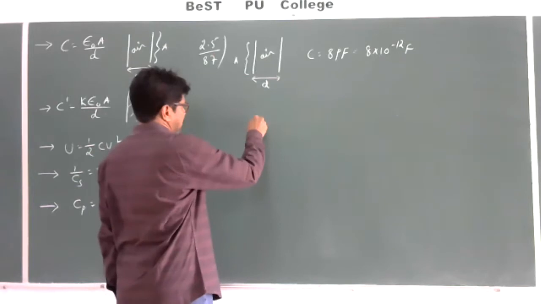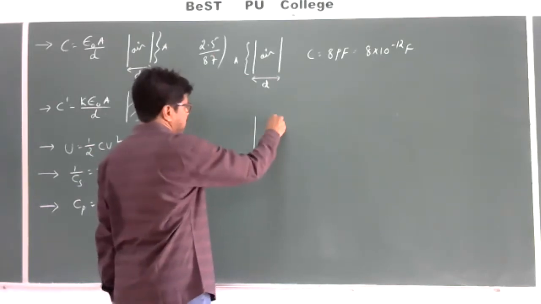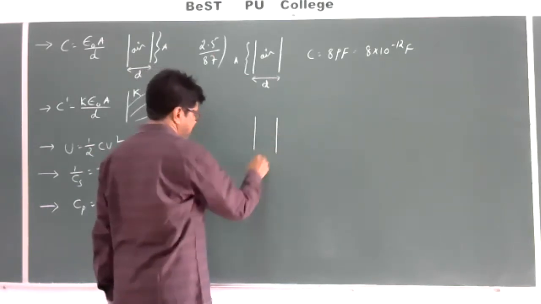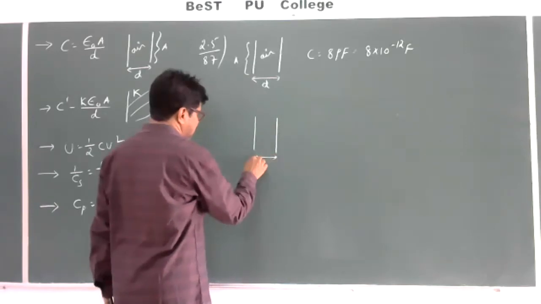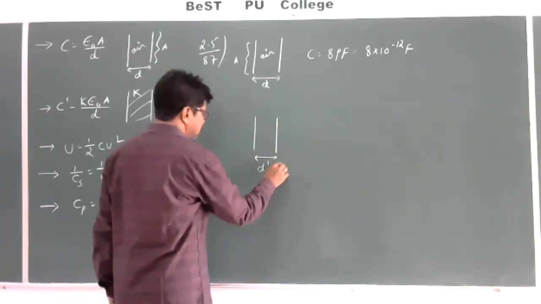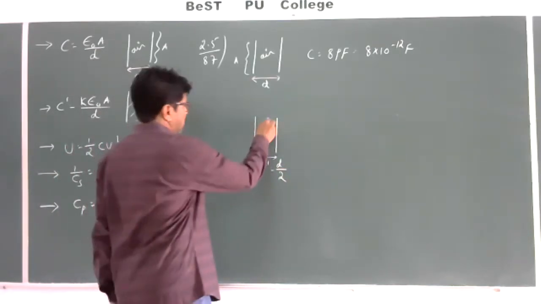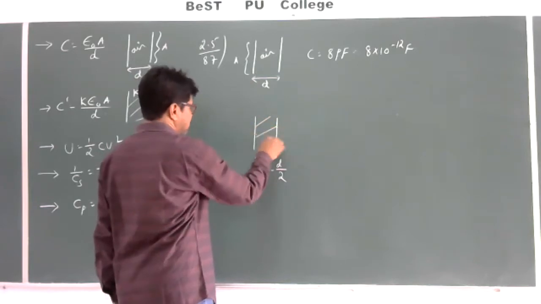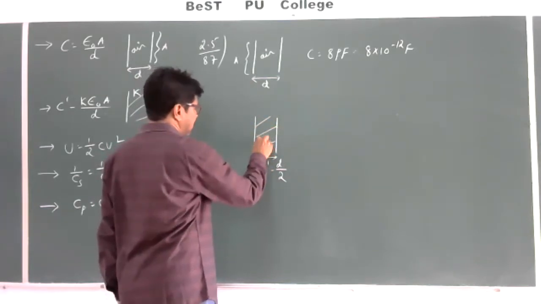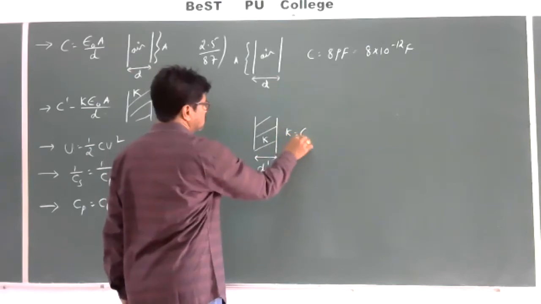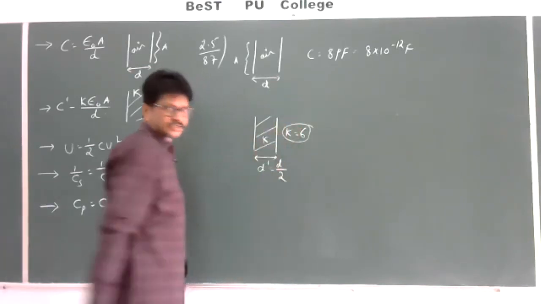Now what he is asking is, what will be the capacitance if the distance between the two plates is reduced to half and the space between the two plates is filled with a dielectric whose dielectric constant is 6.